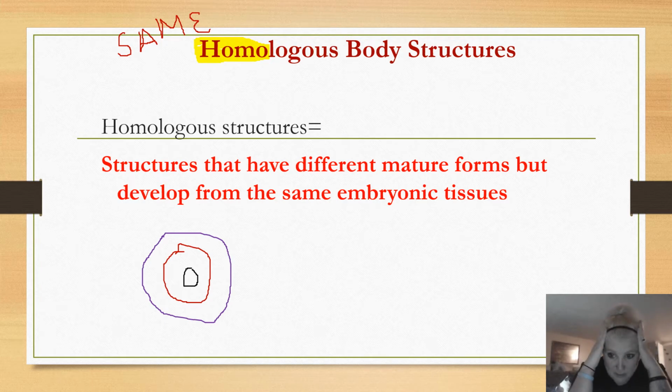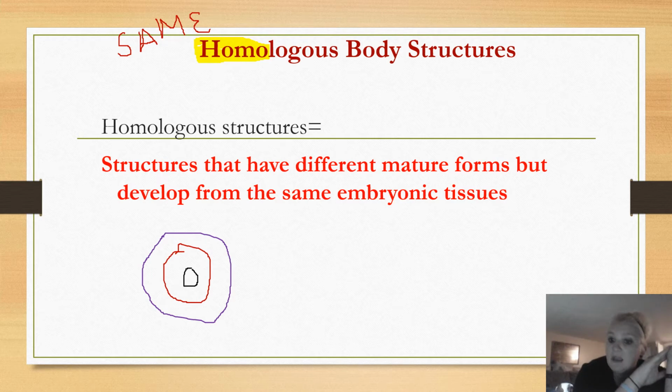In order to build an animal, those layers start folding and creating tissues, which is just layers upon layers of cells. So in order to form an arm, the embryo will have a section of all these layers that will form an arm. But in birds, same layers, but it forms a wing.